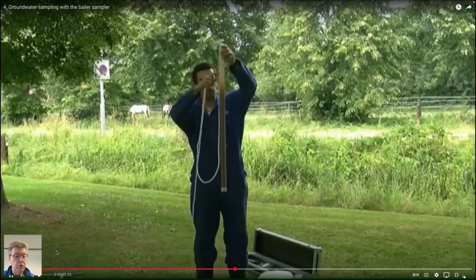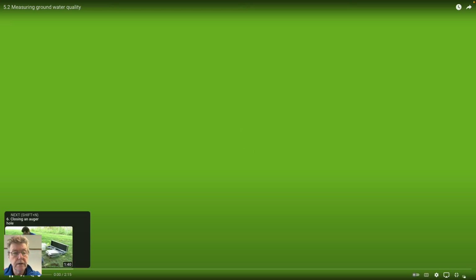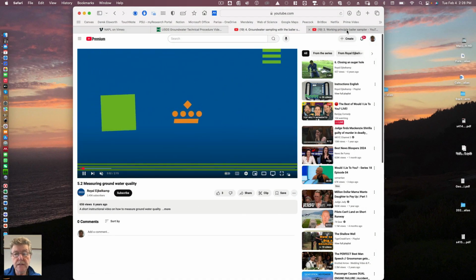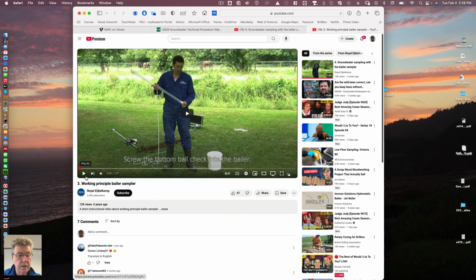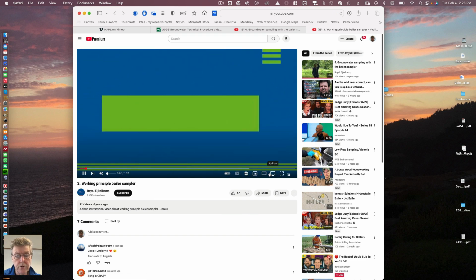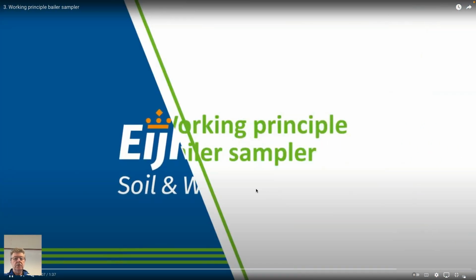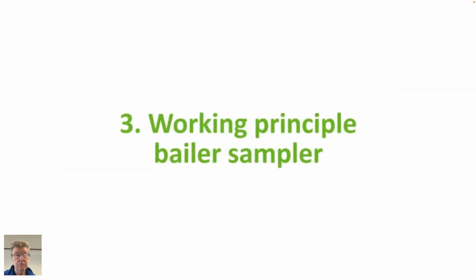And I guess the one important thing to note is that these bailers are usually bottom loading. I think in this case he's going to show you exactly how it works. Yeah, working principle.